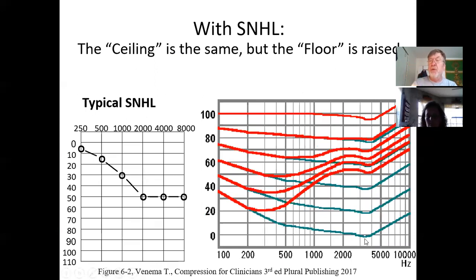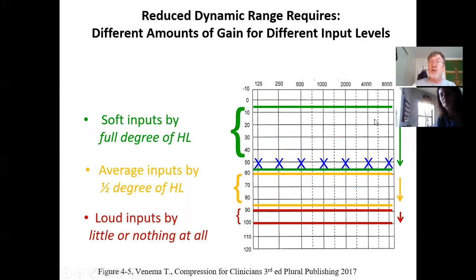Okay, so the bottom blue line is 0 dB HL. And look here, look at the bottom red line. This is where the guy's floor is elevated and his ceiling is not. So the range of red is half of what the range of blue is. And that's the same thing as showing this here.